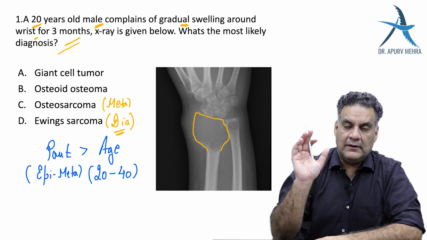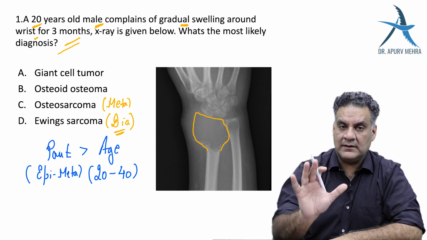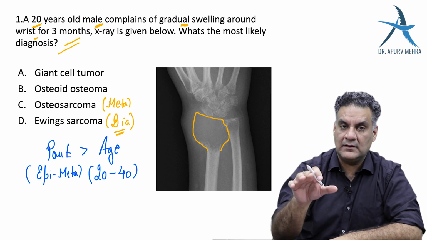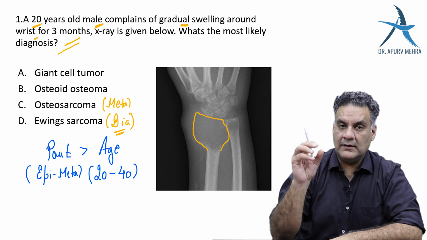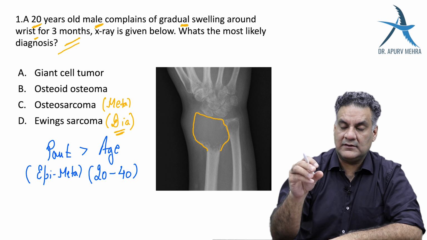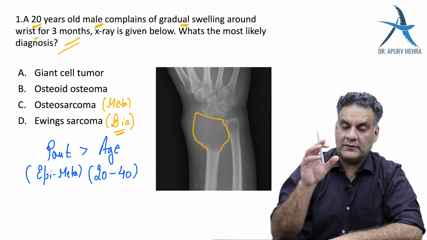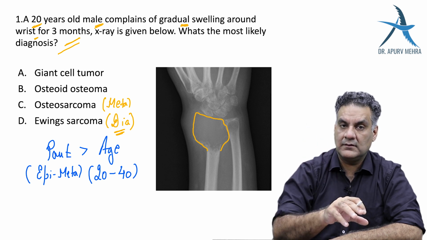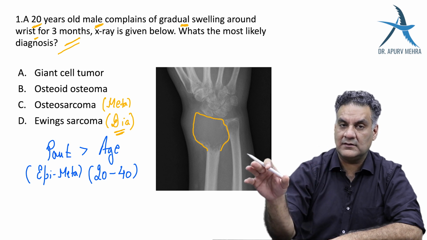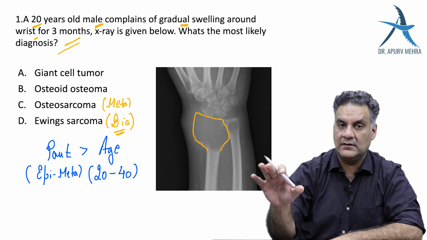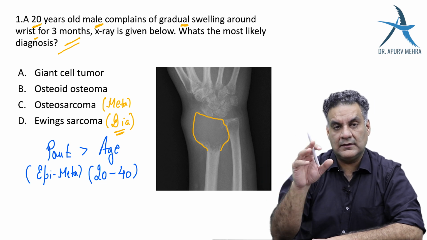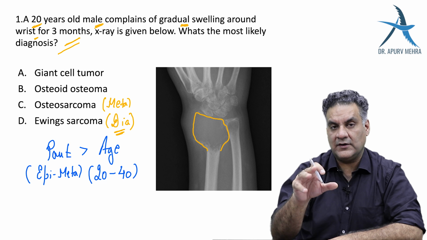Remember, the latest edition of Campbell's mentions Ewing's originates from the marrow. In fact, it originates from the marrow of the metaphysis, according to the latest hypothesis, but it localizes into the diaphysis. So is it a metaphyseal lesion or diaphyseal?